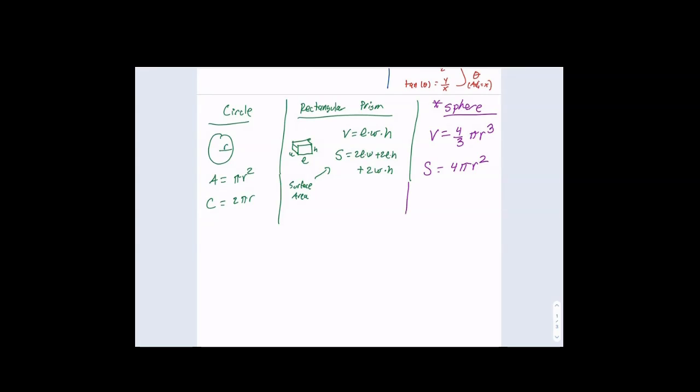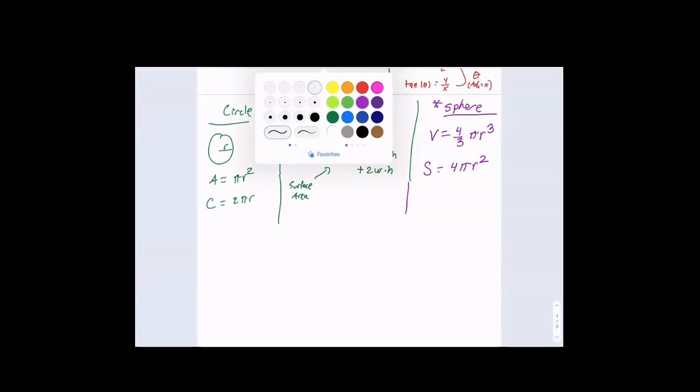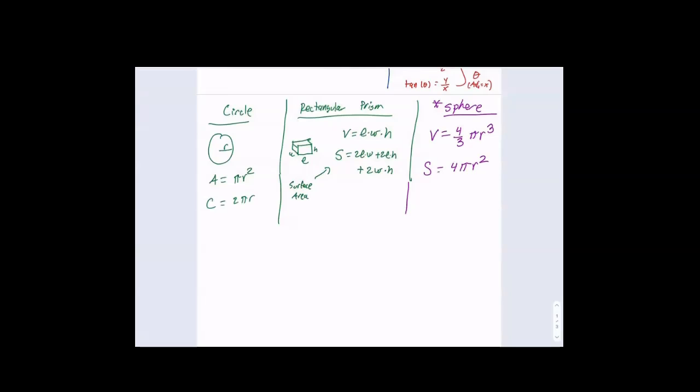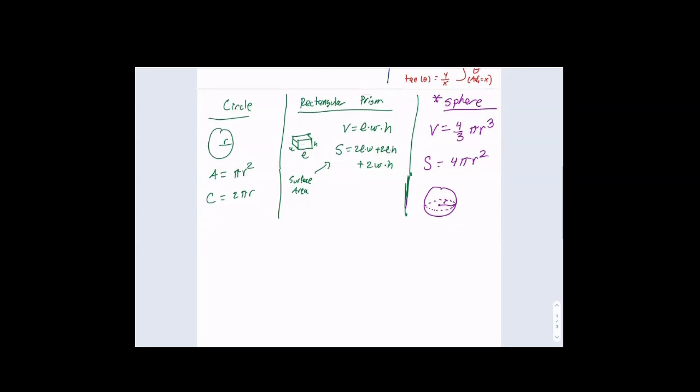So it's pretty interesting that there is a relationship between the rate of volume and surface area. And of course, this is based on the image that we have a radius right there.